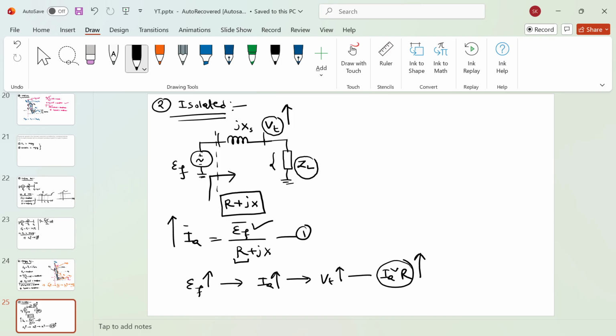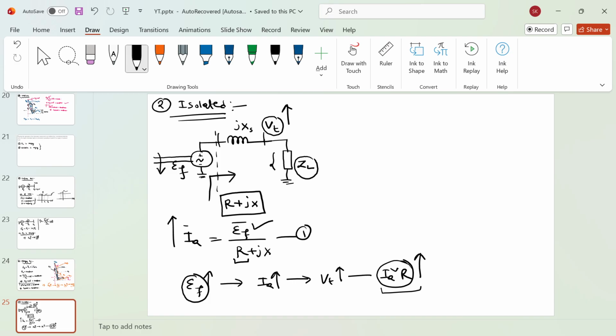But if you consider a constant power load, let's say, or maybe in this case we can analyze something more. If you are increasing EF, in that case what is happening? Your active power is increasing, so you have to increase the active power from the prime mover as well, because energy must be balanced.